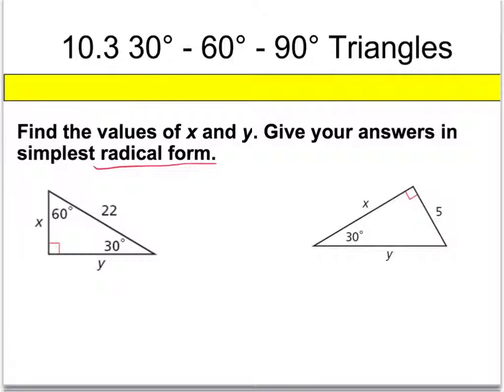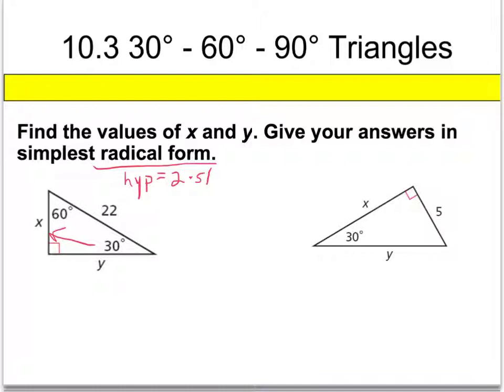Okay, so this very first one, if we know our hypotenuse, we can easily find our short side. If you remember from that previous slide, our hypotenuse is equal to 2 times the short leg, SL. Now you figure out which one's your short leg. Well, it's always the leg that's opposite your 30-degree angle.